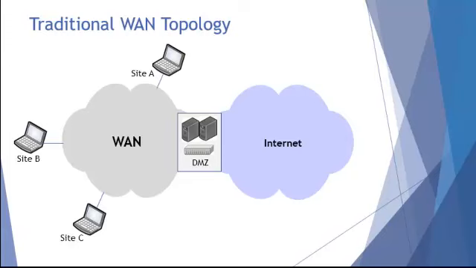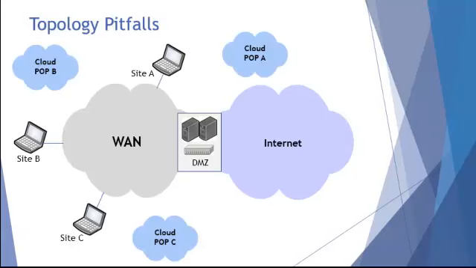Now, with the onset of cloud and cloud providers providing multiple interface points throughout the globe, you now have these points of presence of various cloud providers that are perhaps closer than the DMZ.